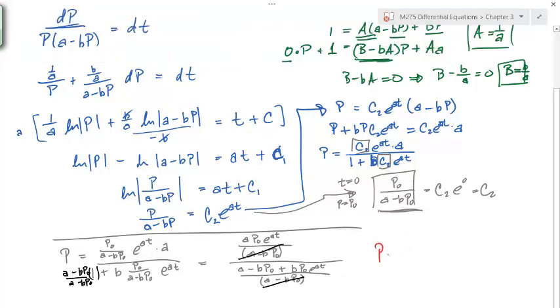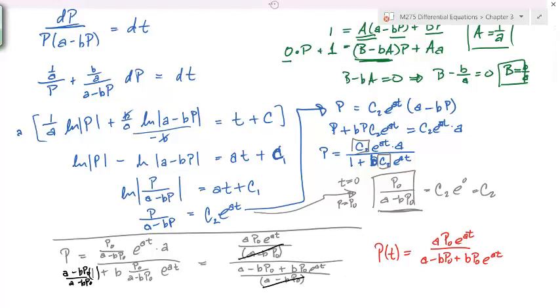So we'll call this logistic function p of t is equal to a p naught e to the at all over a minus b p naught plus b p naught e to the at.